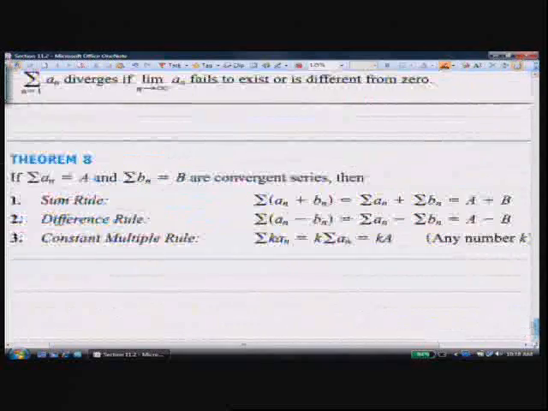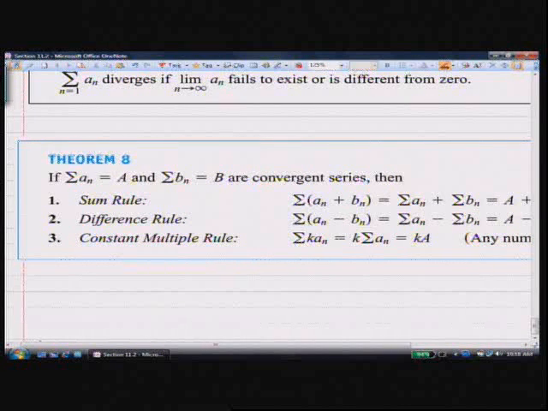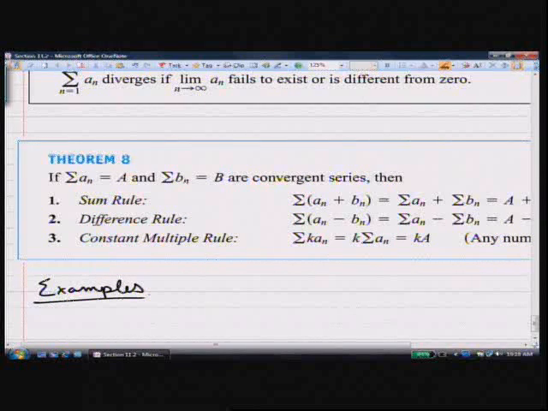Okay, so before we stop, let's look at a few more questions about convergence or divergence. These are examples, and the question is, does the series converge or diverge?